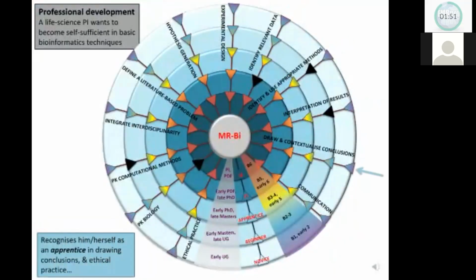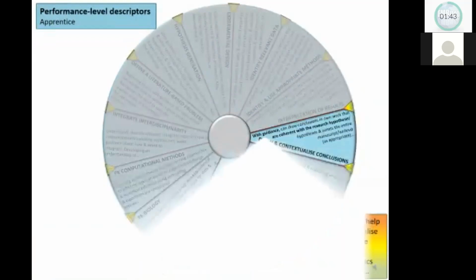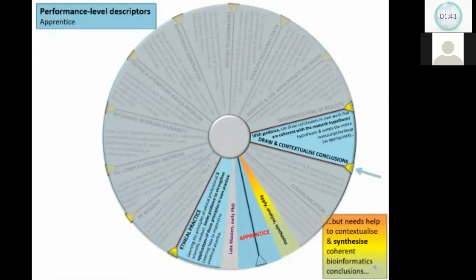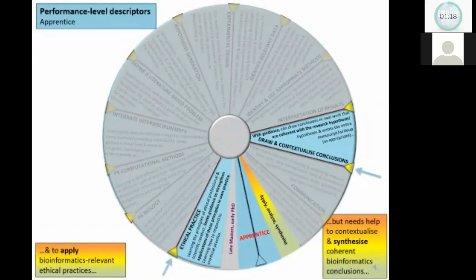Who recognizes him or herself as an apprentice in drawing conclusions and ethical practice, and needing help to contextualize and synthesize coherent bioinformatics conclusions and to apply bioinformatics relevant ethical practices, and so on. And although here I've just cherry-picked some indicative phrases from the relevant performance level descriptors for each stage of each KSA, and just for illustrative purposes, I still argue that the PLDs should not be taken entirely literally.